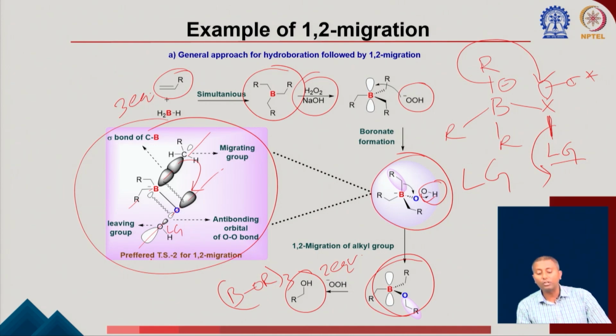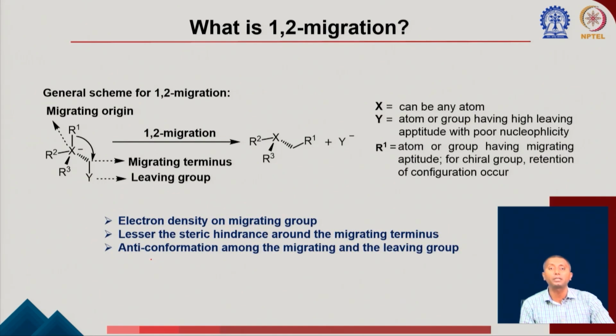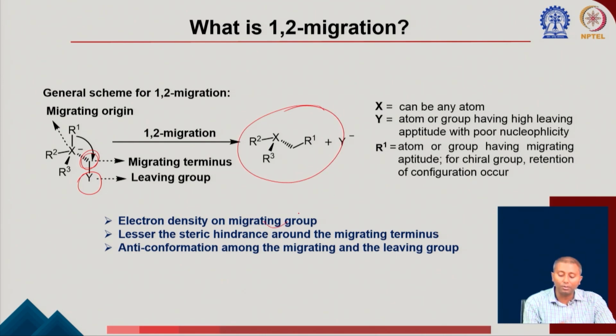So you have learned about oxygen in the case of hydroboration, but this chemistry was developed further and people started using carbon instead of oxygen there. If you have a carbon here instead of oxygen and a leaving group, then very similarly the group from the boron will migrate from boron to the carbon to give the corresponding product. But now the reaction depends on the electron density of the migrating group; that is the guiding factor.